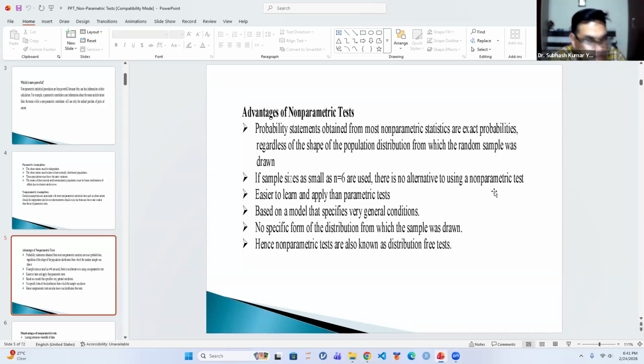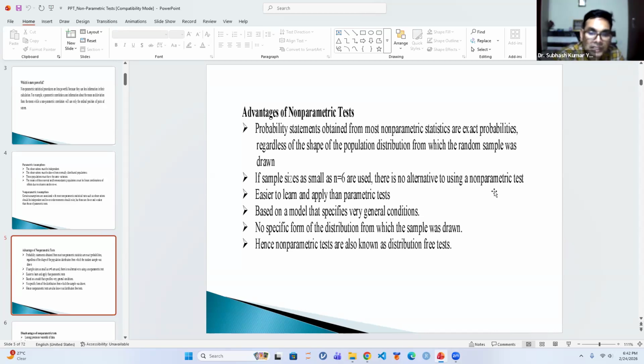But in parametric tests, these are approximated probabilities only. If the sample size is as small as 6 or fewer, then there is no alternative to using a non-parametric test.